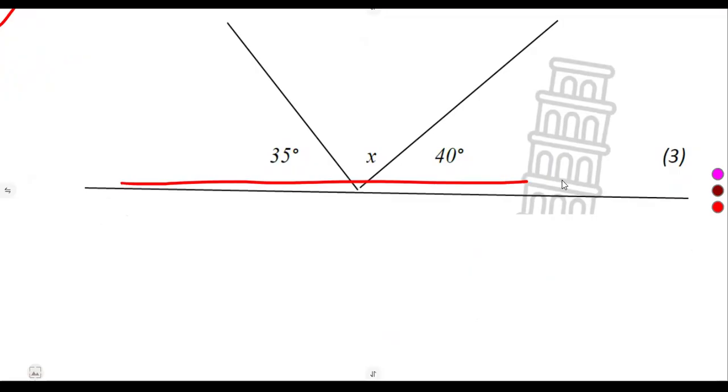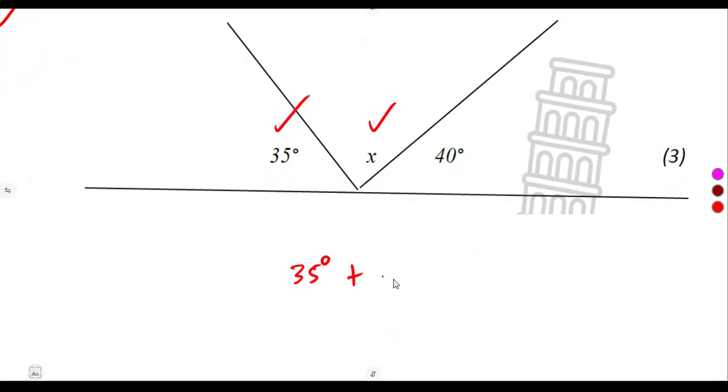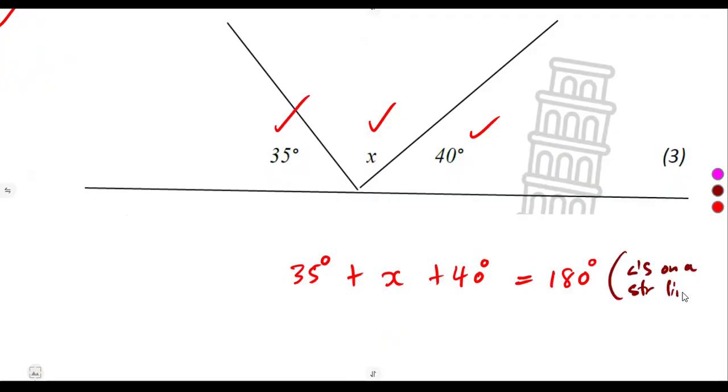It's a straight line. So if I take the angles that I'm seeing on a straight line, the 35 degrees, I add to the x, I add the 40 degrees. I'm supposed to obtain 180 degrees. Angles on a straight line. So I'm just going to write in short.